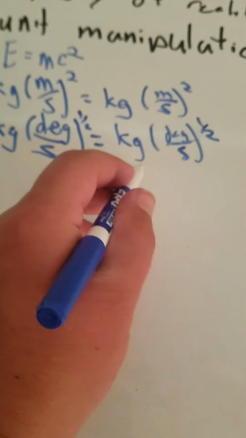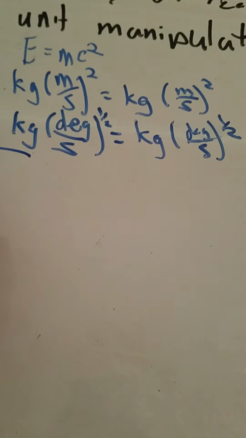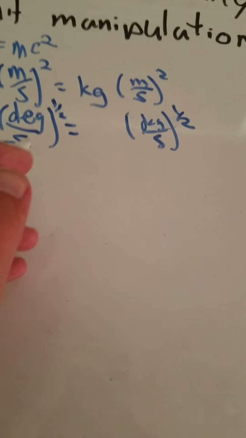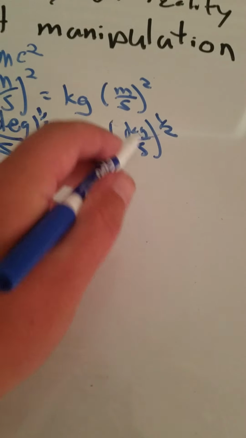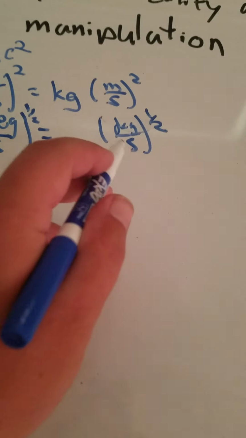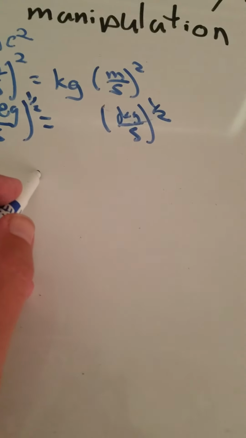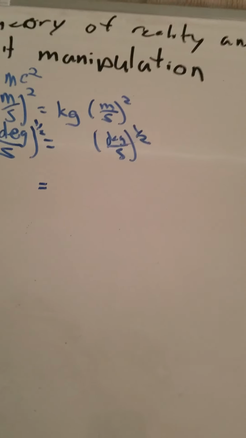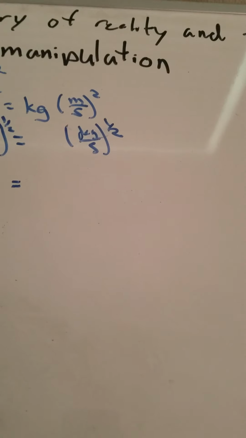And I changed how I manipulated this. I divided out the kilograms, but I'm going to keep them there. I'm not going to get rid of them. And then took the reciprocal of the left side. I have a couple of reasons personally why I think that happens.